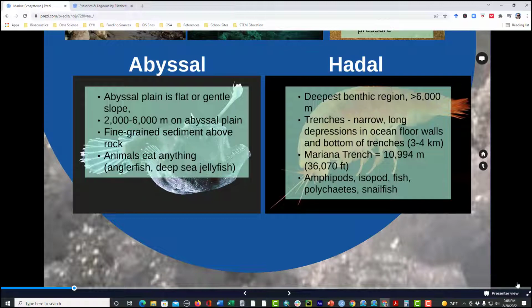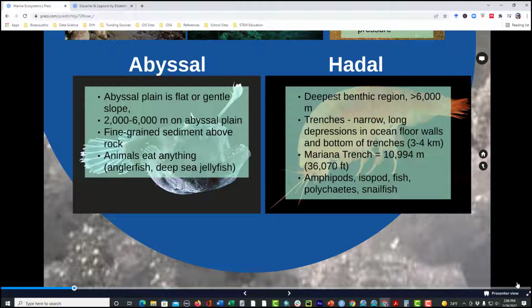Within the hadal region, which is the deepest benthic region of the ocean, greater than 6,000 meters, this region is going to be less common. There's not going to be as much space that has this hadal categorization, as it's going to consist of trenches that are narrow depressions in the ocean floor, including the walls and the bottom of trenches.